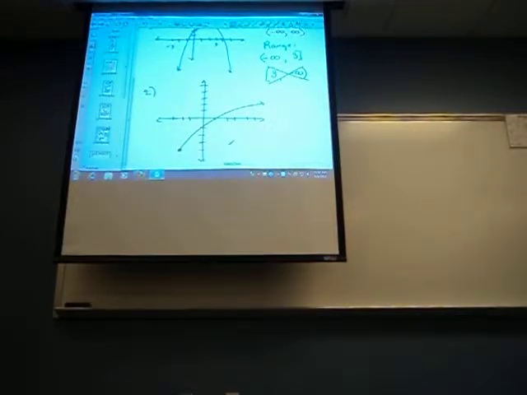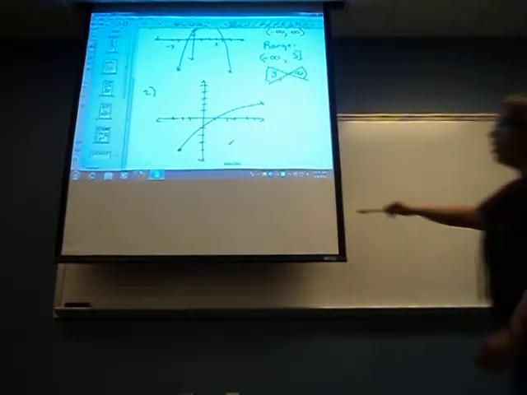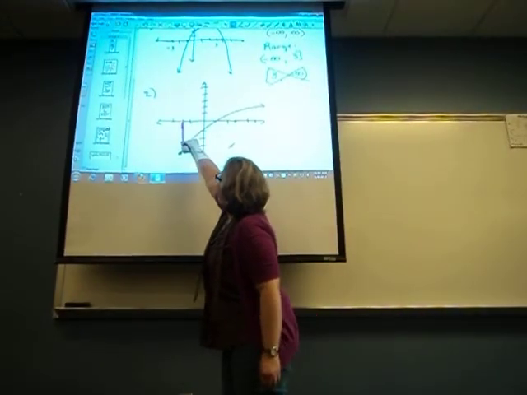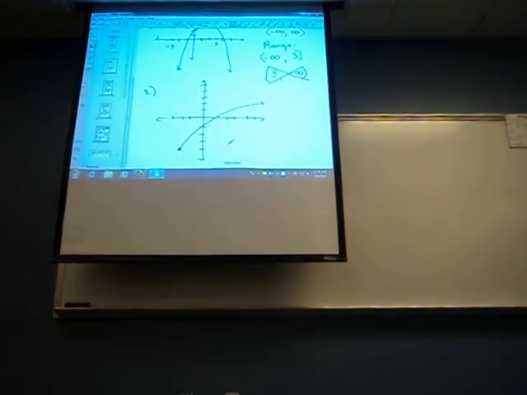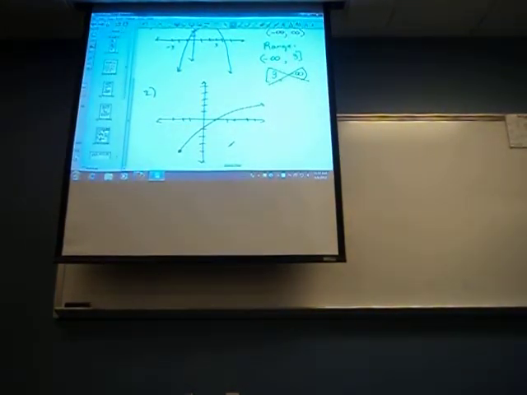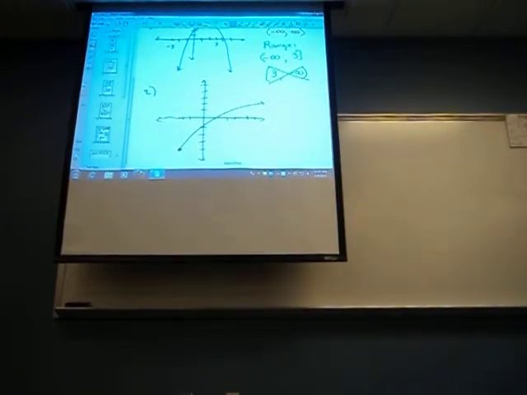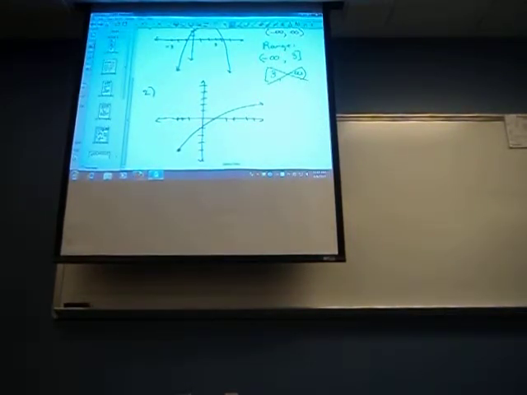Domain always refers to x values. If you say -4, that's the y value. You want the x value. I don't know if it's -2 or -3, either one. It's kind of in between them. I think most people were saying 3, so we'll call it 3 here. Infinity.